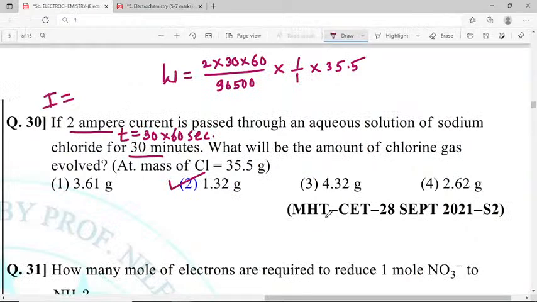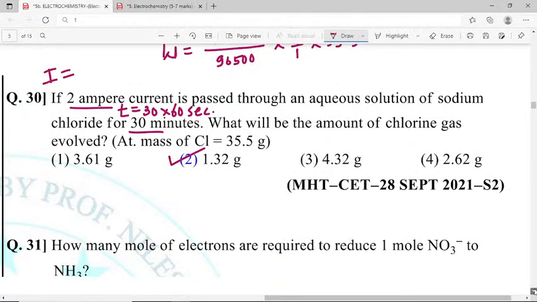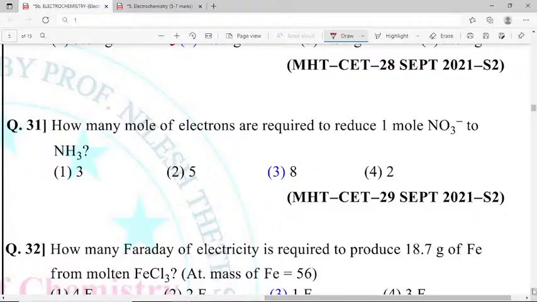Okay, next question. How many moles of electrons are required to reduce 1 mole of nitrate to ammonia? So what is the oxidation state of nitrogen here? Oxygen is -2, so this is -6, and the overall charge is -1. So this is the x value.